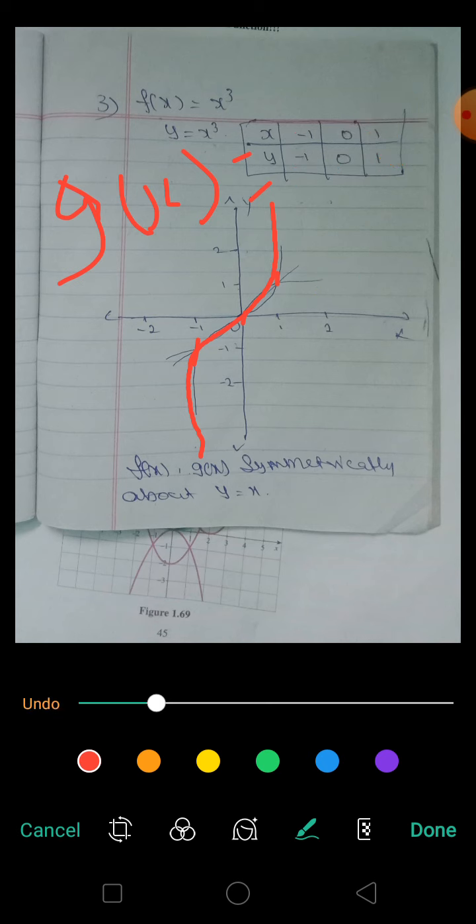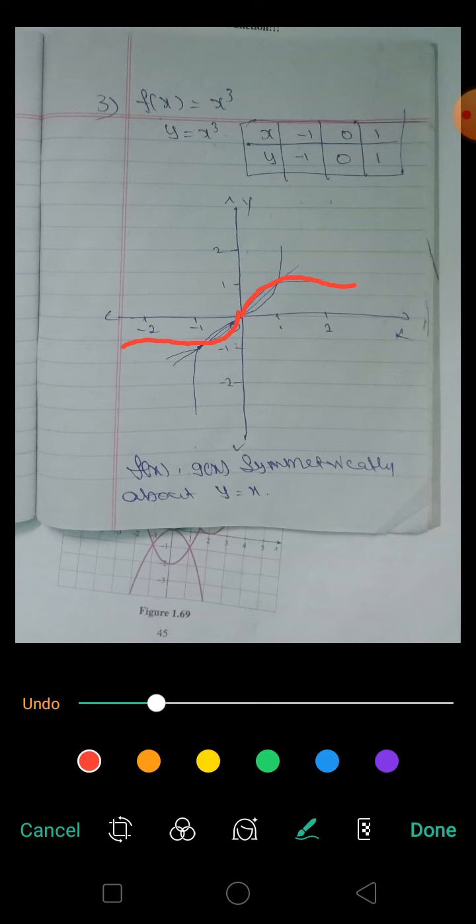So x power 1 by 3, we already know that graph, the general graph for x power 1 by 3. So through the origin, the graph will become like this. This is the x power 1 by 3 graph. Okay.